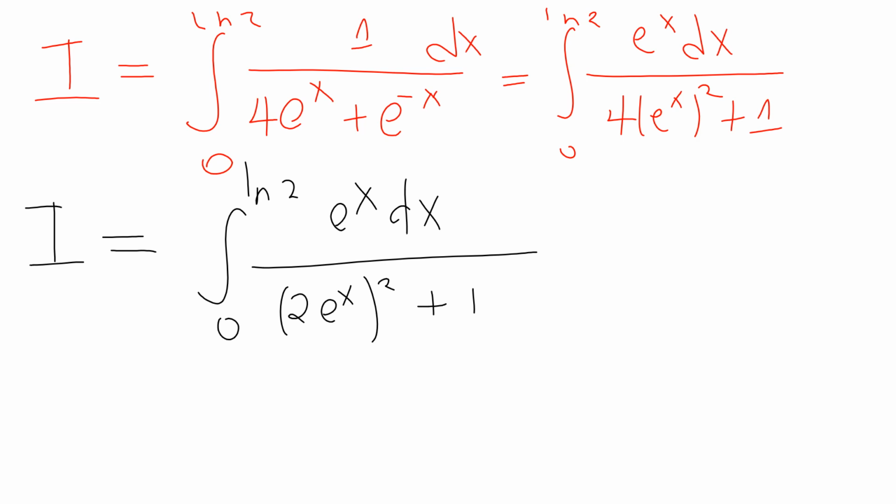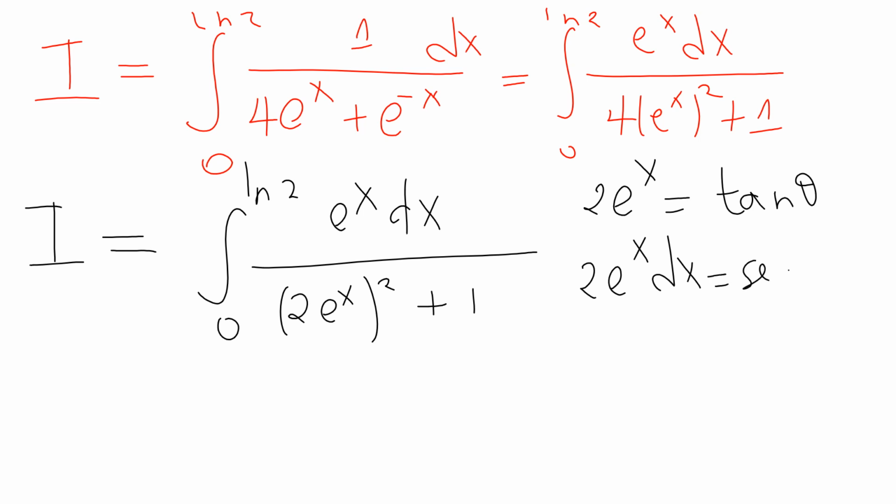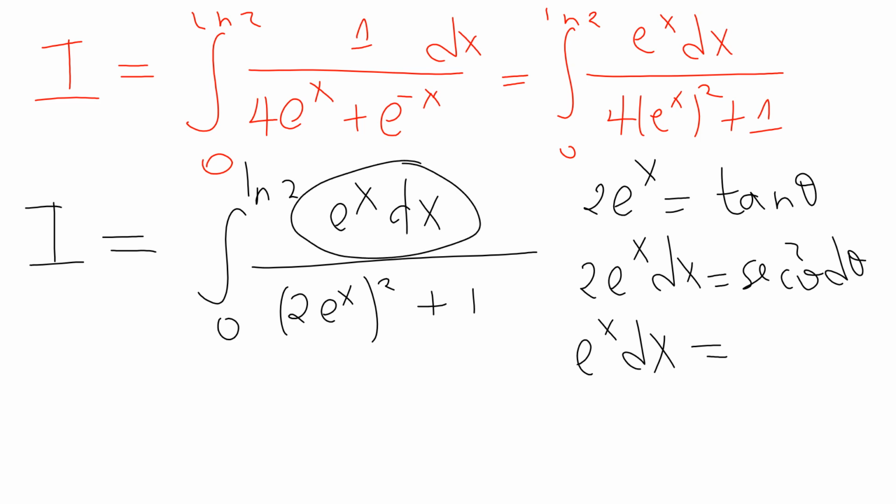If I let 2e to the x be equal to tan theta, and then I differentiate both sides, I have 2e to the x dx equal to sec squared theta d theta. Okay, from here now I'm going to get e to the x dx because it is my numerator. So this is going to give me half times sec squared theta d theta.